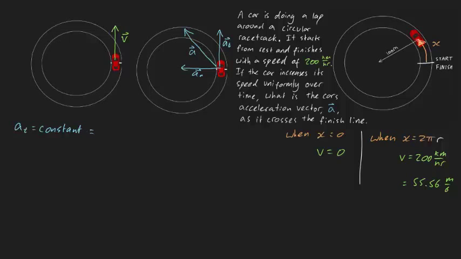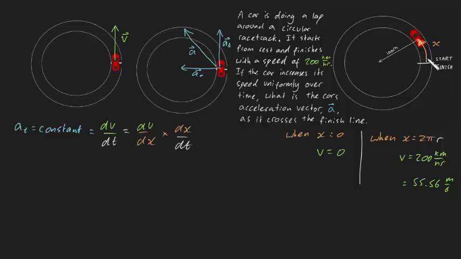We can say a_t is actually just dv/dt, where v is the speed of your car, right? And we can also use the chain rule here to help simplify this out. We could also write this as dv/dx, and don't forget, this is the x I'm using just here, this is the variable I'm referring to, times dx/dt.